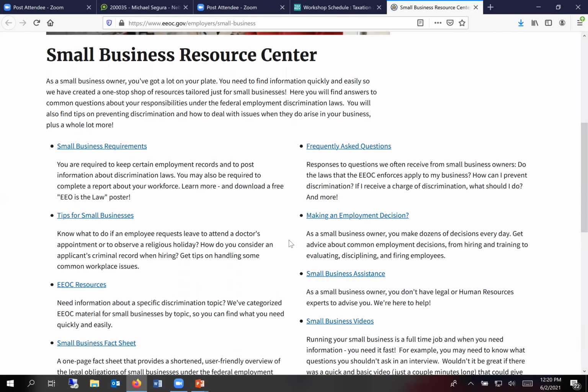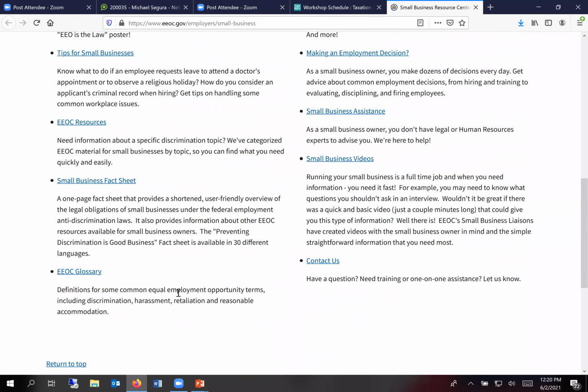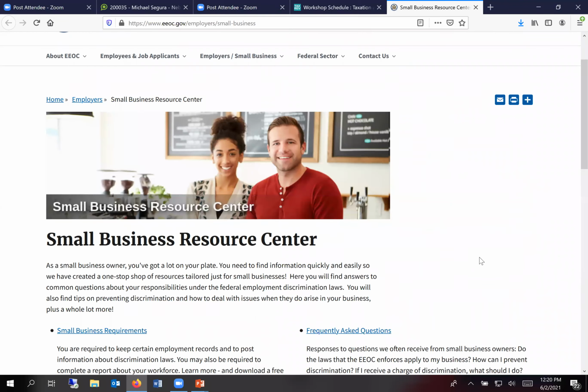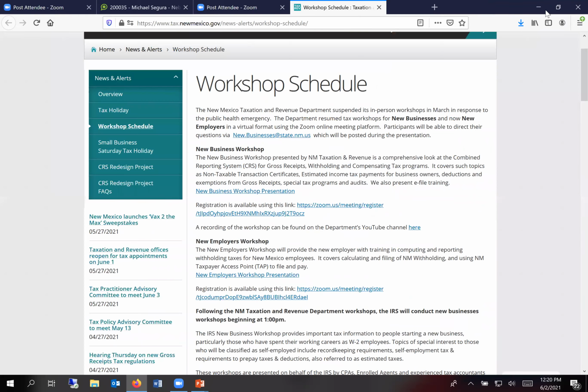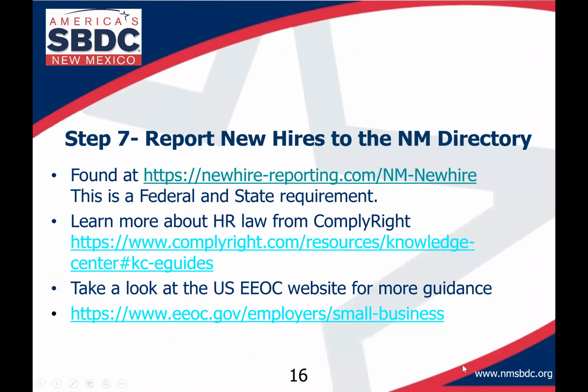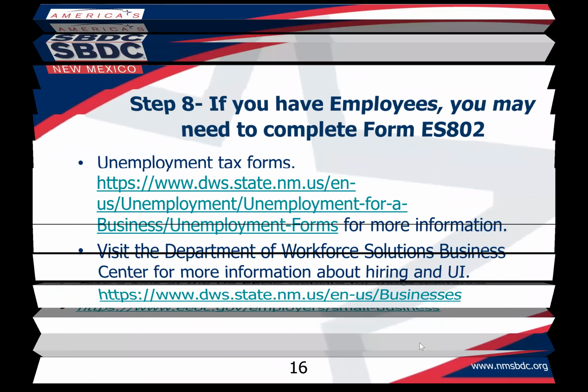So take a look at that information and know your rights, know your employees' rights under the EEOC. They have a small business fact sheet right here. If you're going to be an employer especially, it's well worth your time to take a look at these resources. And they also have videos, and the videos are very informative. So those are 2 great resources for HR issues.